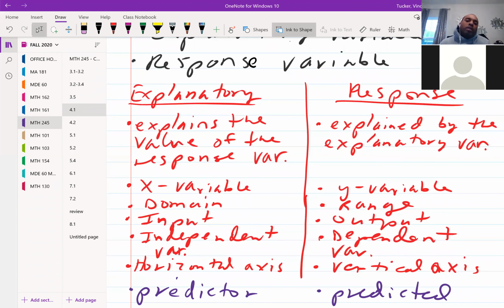And your explanatory variable is your predictor, while the response variable is your predicted. So you will use your explanatory variable as a way to predict what the response variable will be. And that all will be based on previous observations.